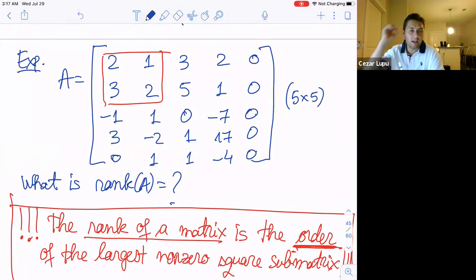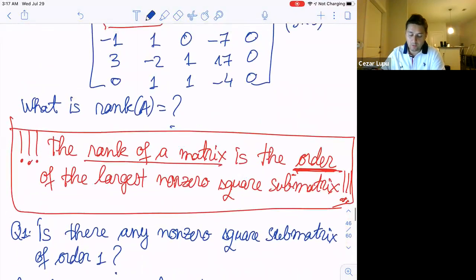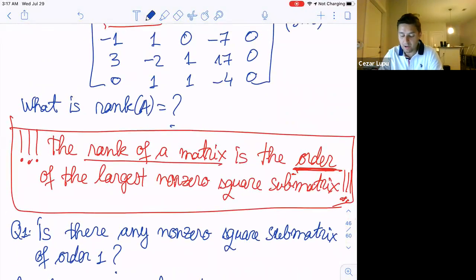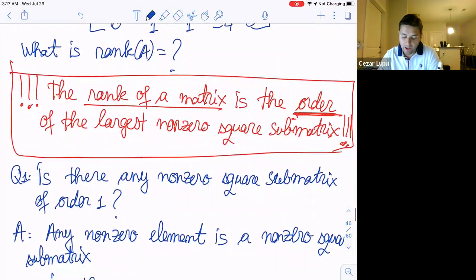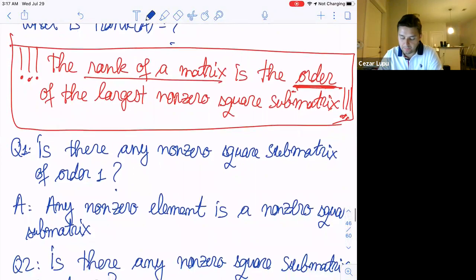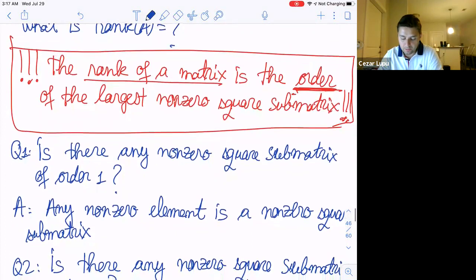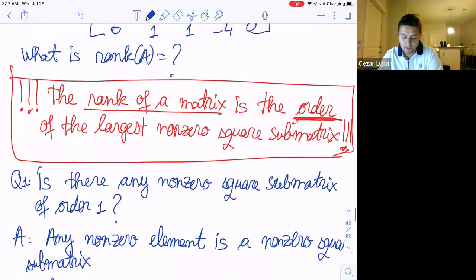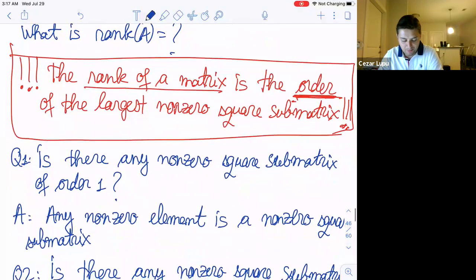The rank will be less than or equal to 5, that's obvious. And the first question I want to answer is: is there any non-zero square submatrix of order 1? Well, any non-zero element is a square submatrix. So the rank will be at least 1 and at most 5. Okay, great. I knew that from the beginning.